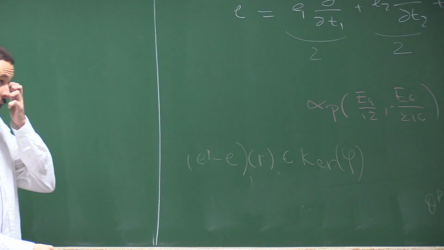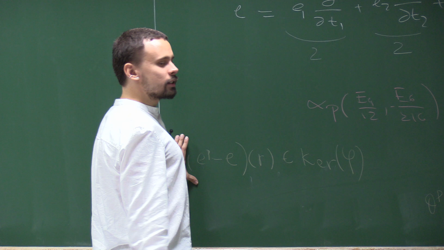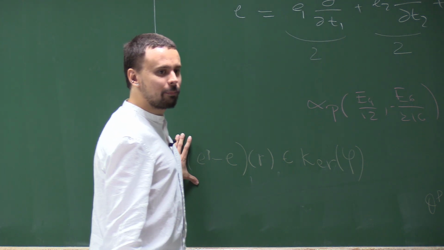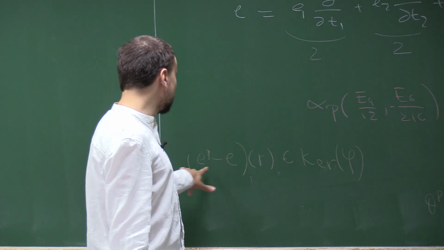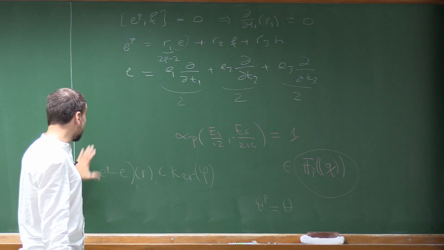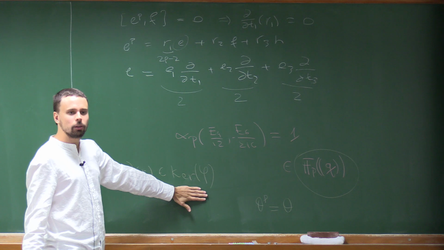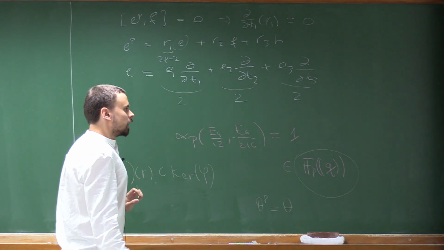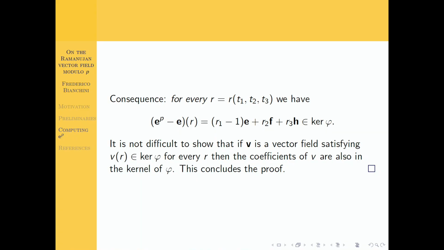Okay? And with this, one can show that all the coefficients of EP minus E, when you write it in this basis, are also in the kernel. But the first coefficient is R1 minus 1, so R1 has Q expansion 1. And this finishes the proof.